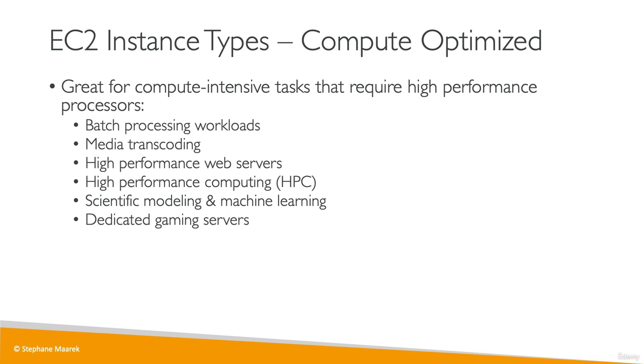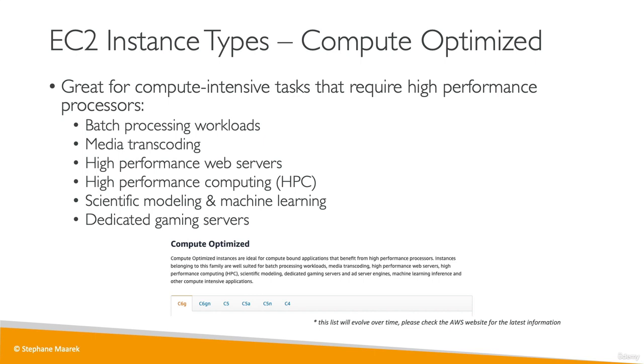All these tasks require a very good CPU, and EC2 compute optimized instances have this particularity. For now, all the compute optimized instances in EC2 have names starting with C, so C5, C6, and so on.